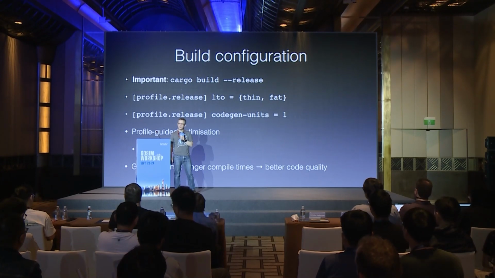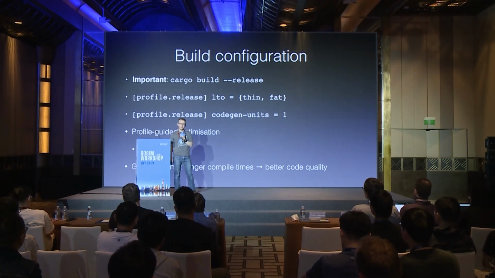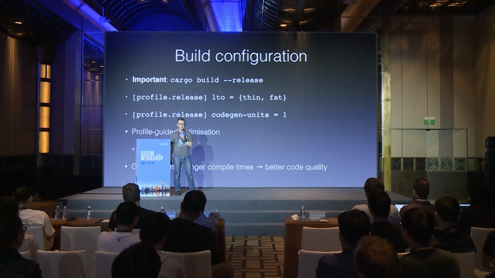And this can be quite effective. Wins of 10 or 20% are not unusual. It can be a bit fiddly to set up, but there's a new cargo command called cargo PGO that makes it quite a bit easier, so that's nice.